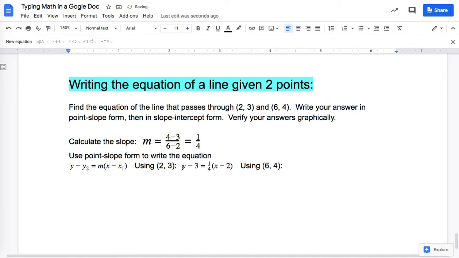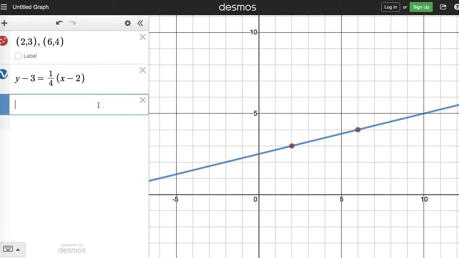So I'm going to take this, copy it, and paste it here. The x turns into a 6, so the 2 is going to turn into a 6, and the y value turns into a 4, so this is going to be a 4 now. And then I'm going to check to see if that also works in Desmos. It should be the same line because it should go through the same point.